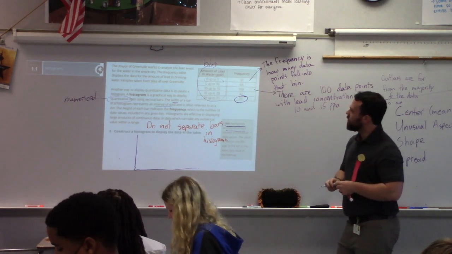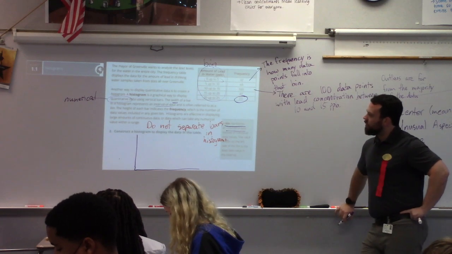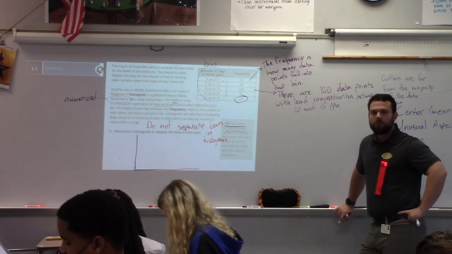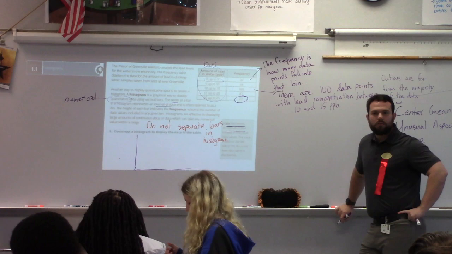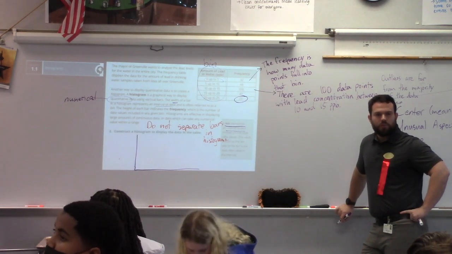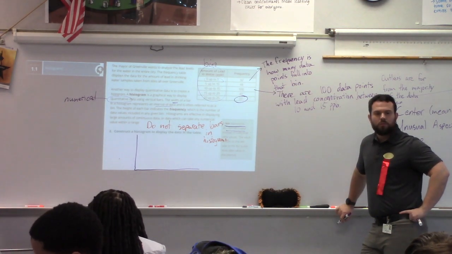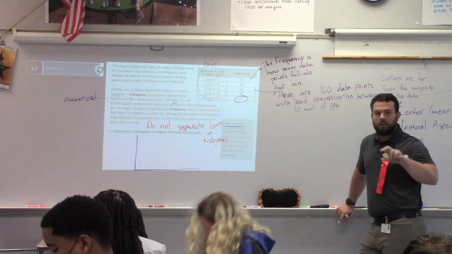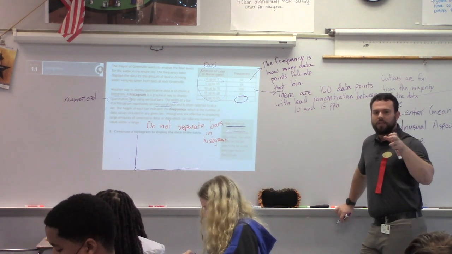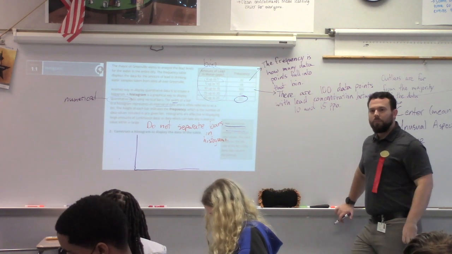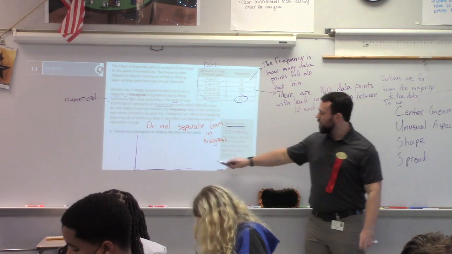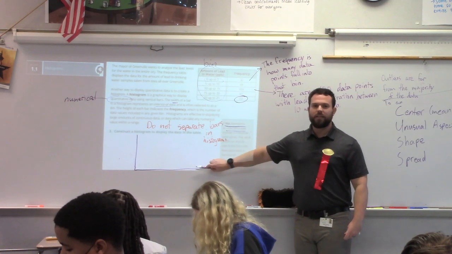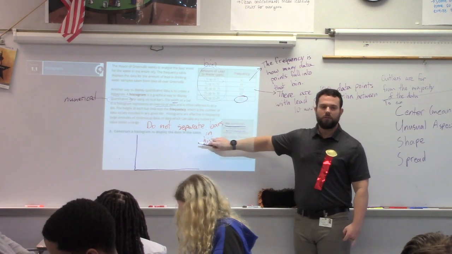What do you think is supposed to go on the x-axis, and what do you think is going to go on the y-axis? The frequency on the bottom one and the amount on the top one. Okay, so you're thinking the amount of lead on the y-axis and the frequency on the x-axis? But let me ask you all this. How high are we going to go with the bar? What tells us how high the bar is? The frequency.